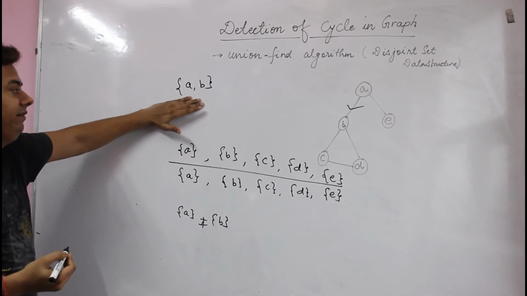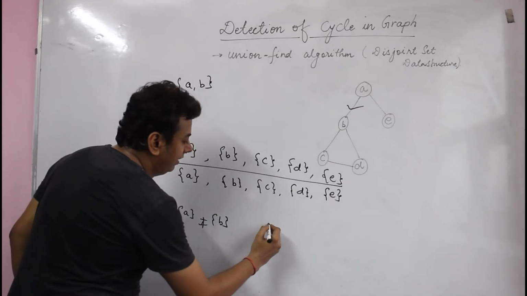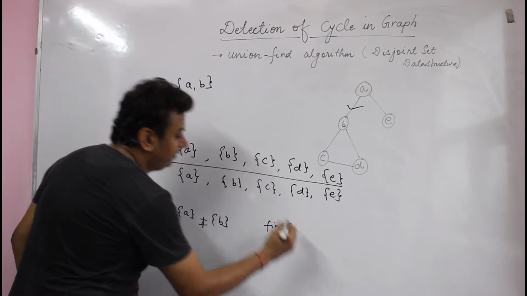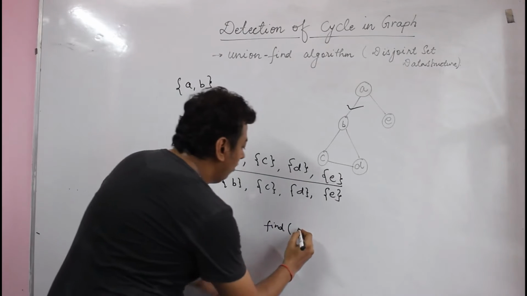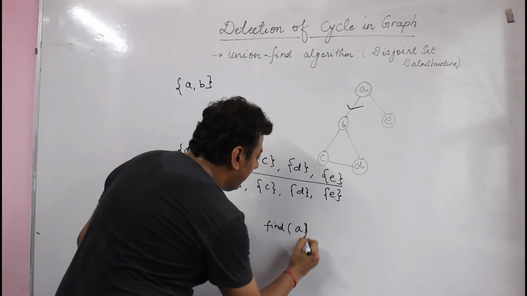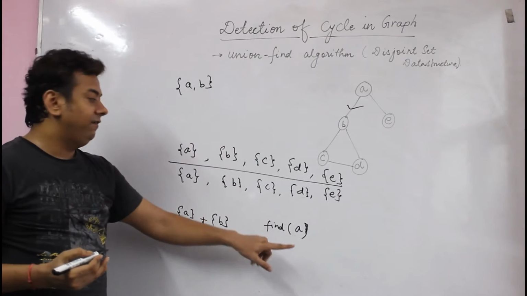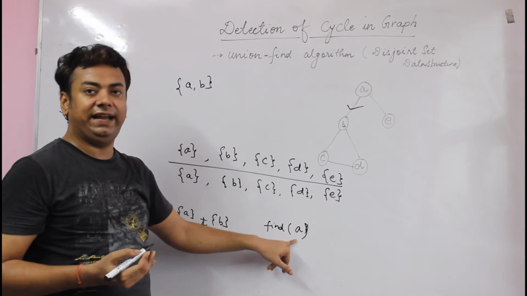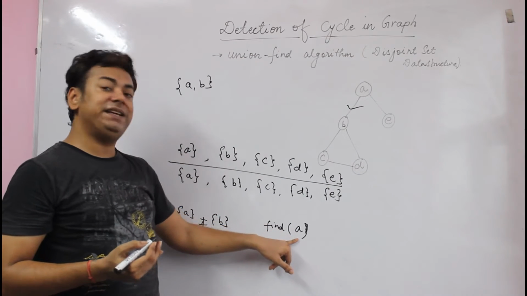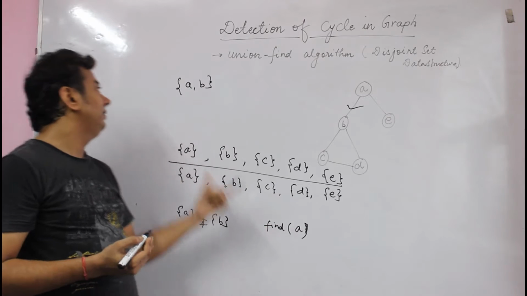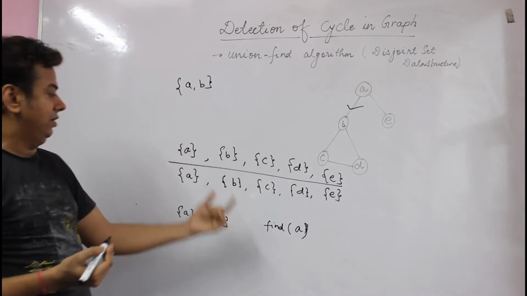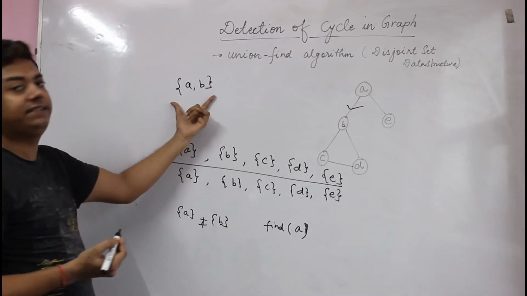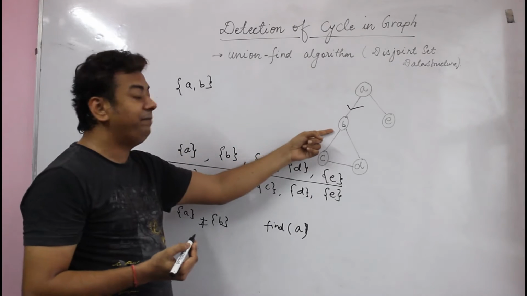So whenever we say the find method of any node, let's say A, find A means what is the parent of this node A. Parent means you will return the set. So what is the parent of A? It is this set. What is the parent of B?